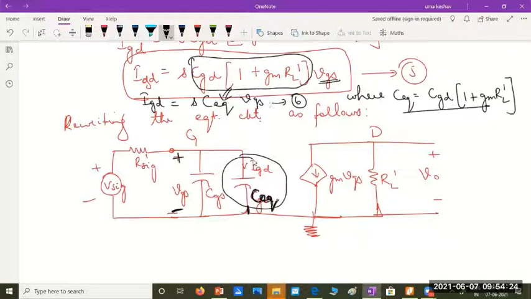So the voltage across this capacitance C equivalent is still VGS as in the equation and as in this equivalent circuit, and the current through this capacitance remains as IGD, which is SC equivalent into VGS, and the value of this equivalent capacitance would be CGD into 1 plus GMRL dash. Please remember this, and that will give us the basis for simplification of this circuit. Any doubts with this?